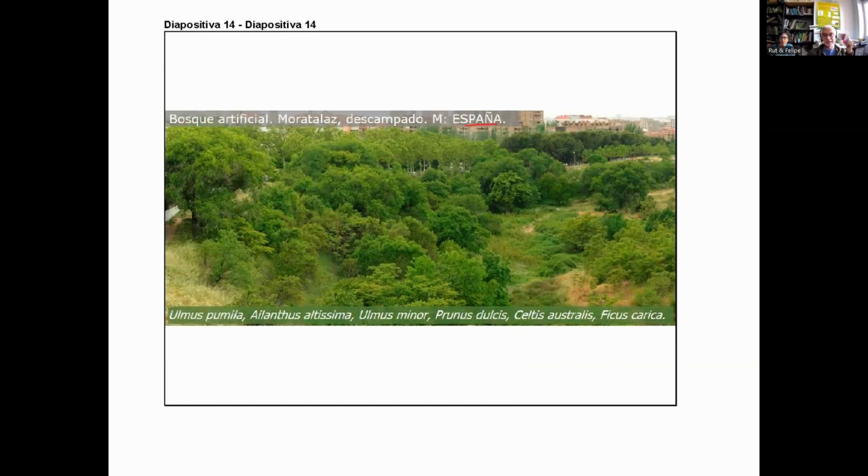Like this example in Madrid. This is a forest, because you have all the dynamics of a forest there. You have seedlings, saplings, big trees, but the forest is totally new.